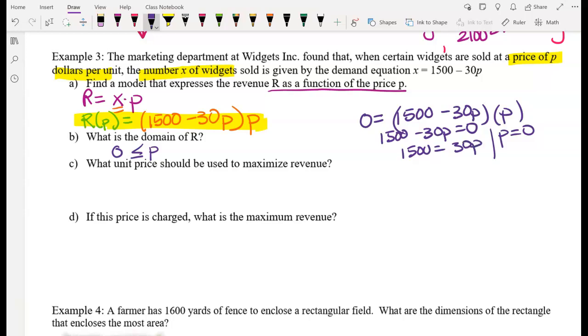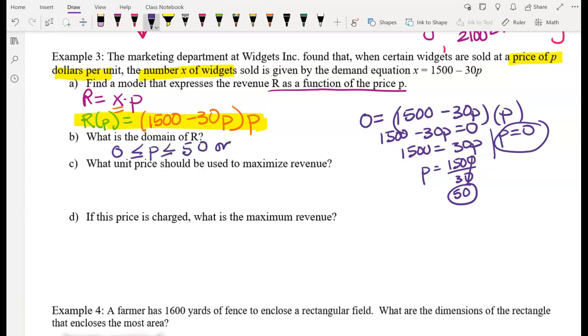Divide both sides by 30. So p equals 1,500 divided by 30. As you can see, you can cancel this out. 15 divided by 3 is 5. There's a zero remaining. So we have 50. So there are two values of p, 50 and 0. So that is the price that we can set, which means that is the domain. So P has to be inclusive from 0 all the way to 50.